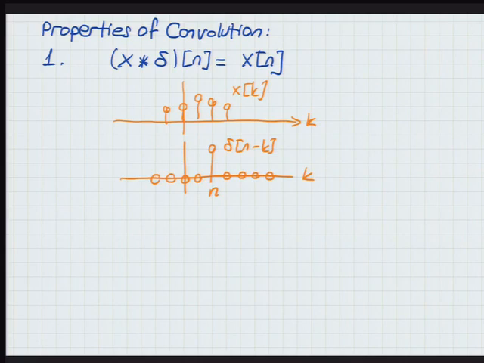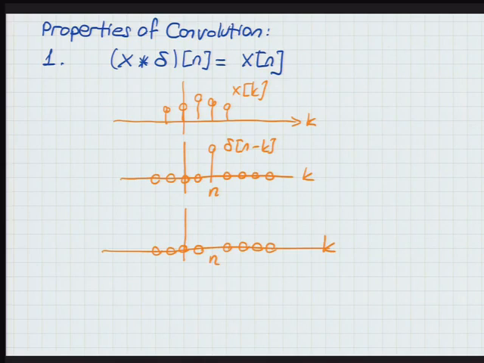Okay? So when I multiply, then what happens? Delta is almost always 0 except when the time k happens to be n, right? So their product will also give you all zeros, right? Except at k equal to n, which is here.